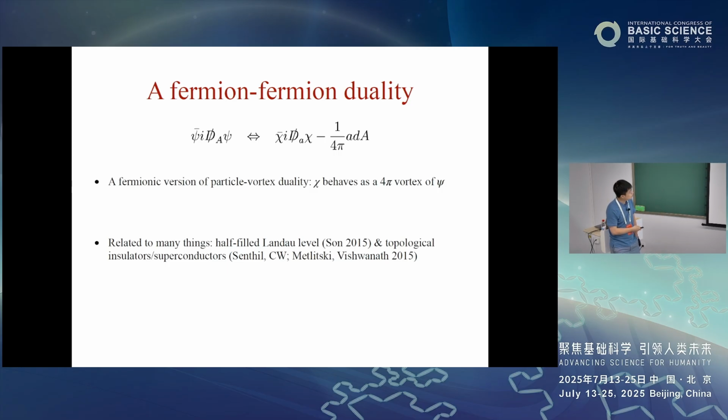This particular duality is also related to many things in condensed matter physics. It's related to the story of the half-filled Landau level in the fractional quantum Hall effect, and the story of topological insulators and superconductors, which a lot of us had much fun working on 10 years ago.